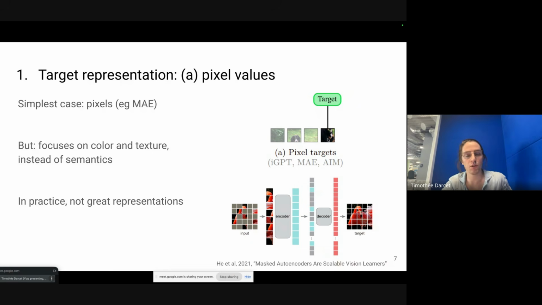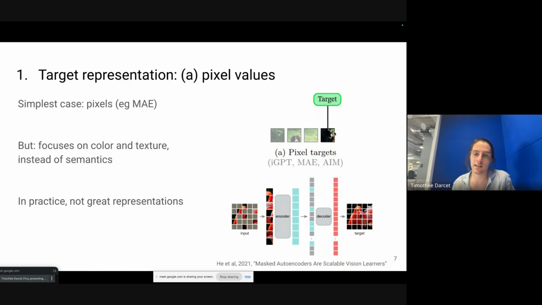A fully brown dog would have a very high loss because the pixel values are very different. But it's not really correct. I would not like that for my pre-training objective. A fully brown dog is a pretty good guess for what is missing here. It is actually a very reasonable guess. It is likely to be that. You can't guess the entire color of the dog just from the head.